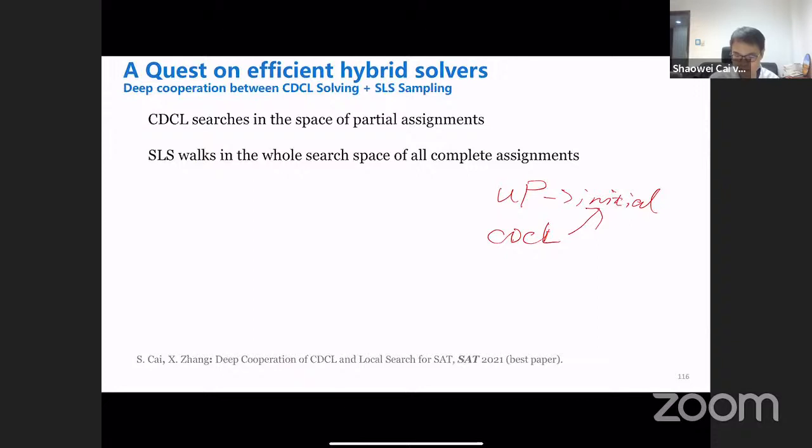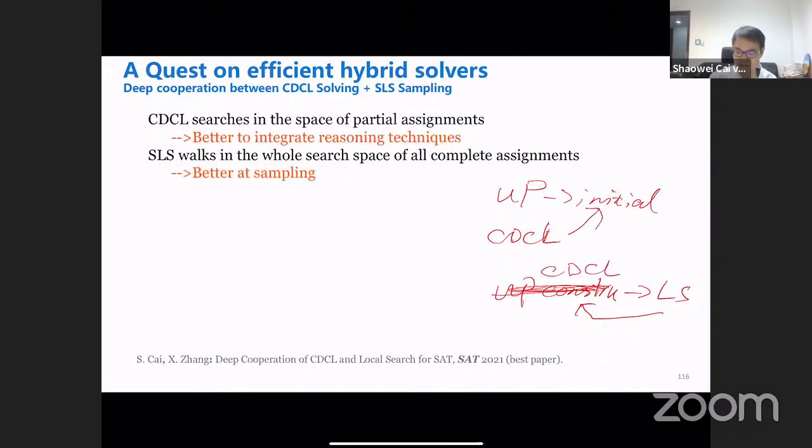In the previous slides, I said that we're doing UP construction and then local search, and then local search feeds back to UP construction. But this can be improved, in that we can directly replace this UP construction by a CDCL.